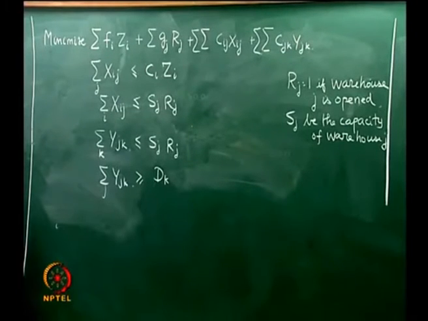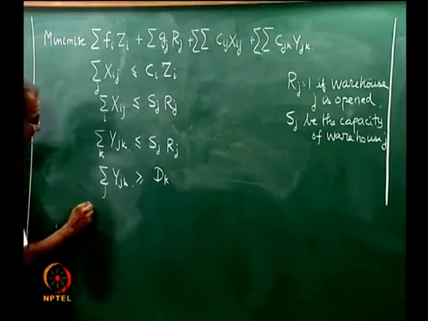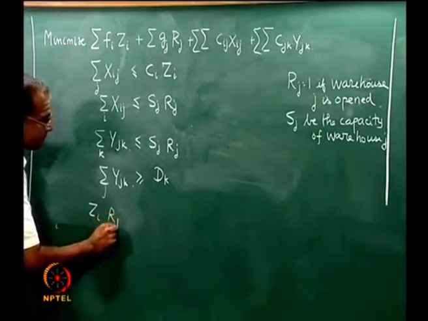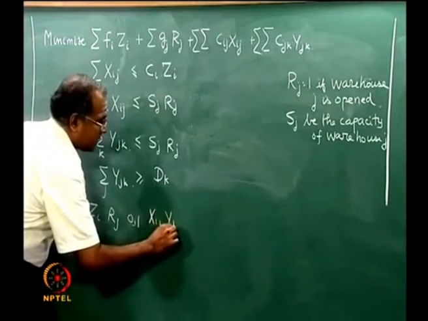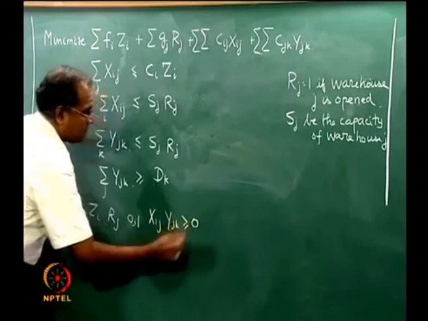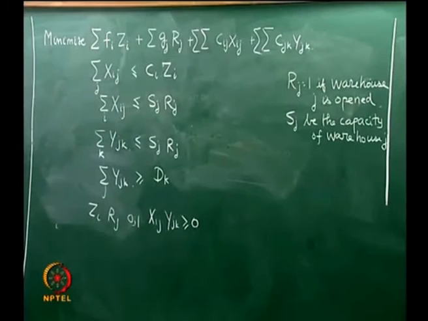Now, we will have Zi, Rj as binary and Xij and Yjk greater than or equal to 0, which represent the transportation quantities.